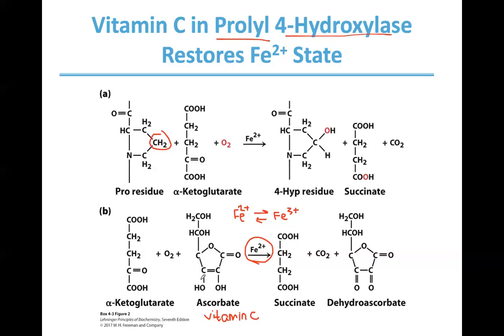will do. Now, I think there's a mistake on the slide. I think this should be iron 3+. If this is iron 2+, the product is iron 3+. So iron undergoes oxidation. Then iron 3+ enters the second cycle and regenerates iron 2+.